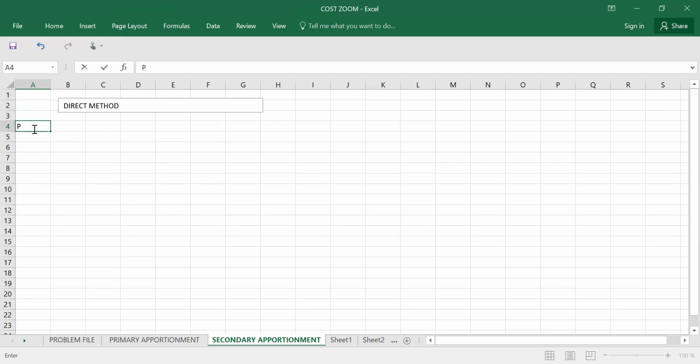We'll start with the costs: primary apportionment. Then we'll have our amounts. We have X, Y, A, and B.